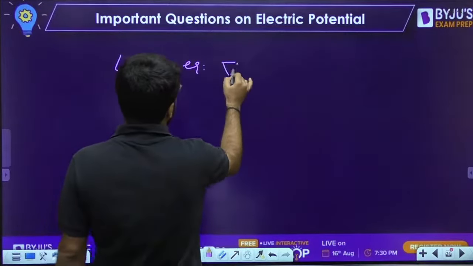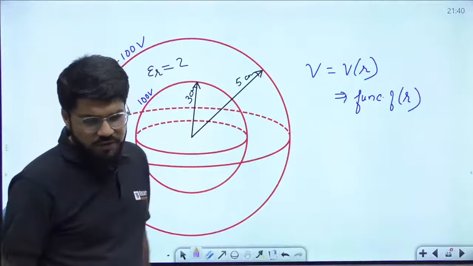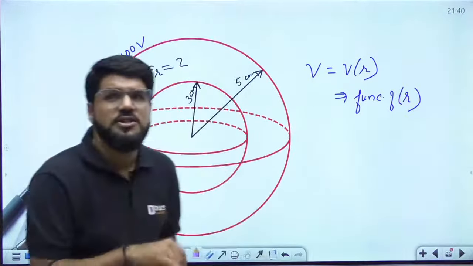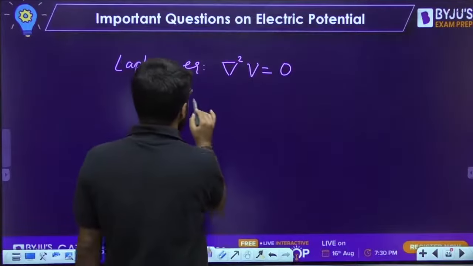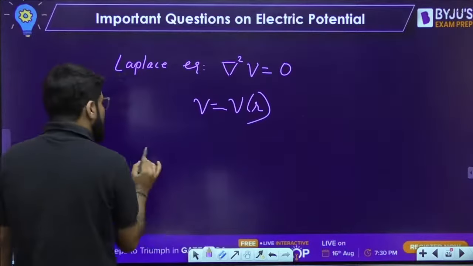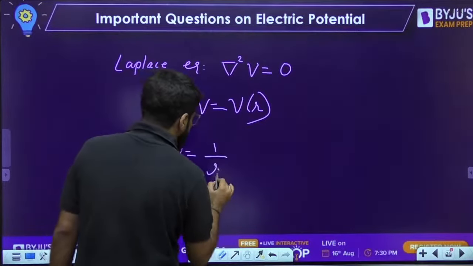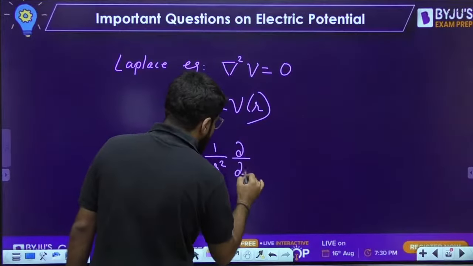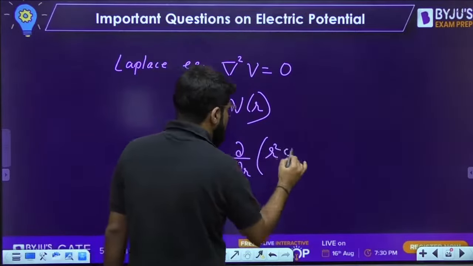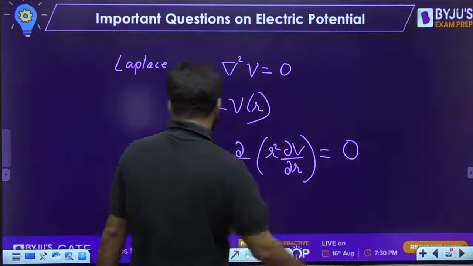The Laplace equation is del square V equal to 0, but V is a function of r, so in the spherical coordinate system, since it is only a function of r, the Laplacian is 1 by r square del by del r of r square del V by del r, and this is equal to 0.